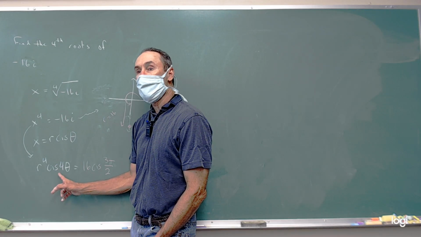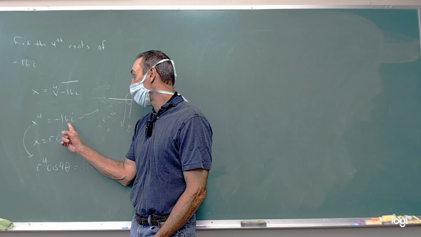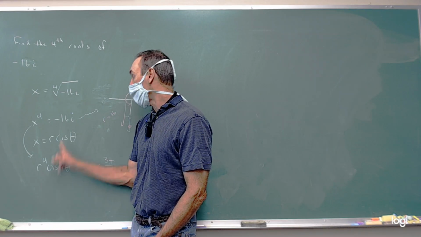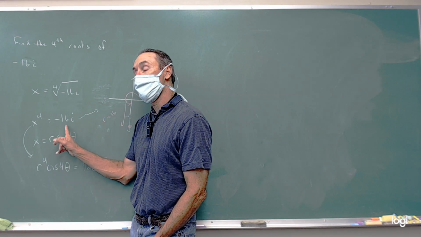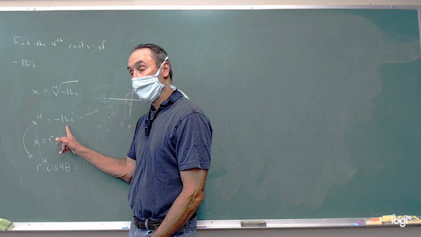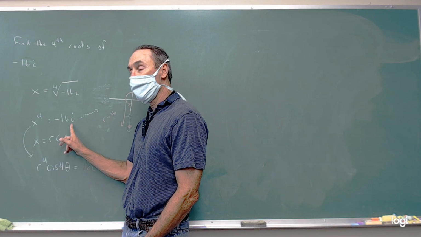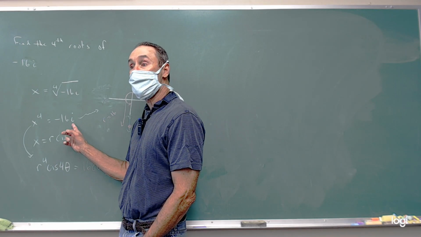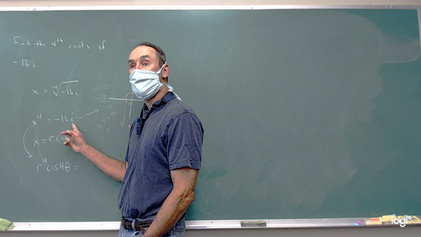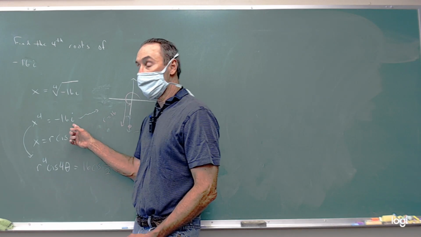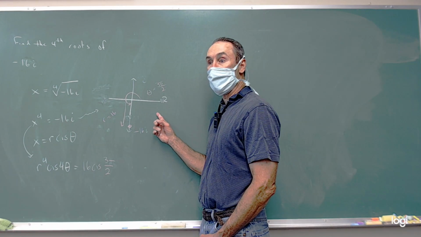The part that really stumps people most of the time is that this part is now in polar form, but the negative 16i is still in rectangular form. So we have to write negative 16i in that cis form as r cis theta. I like to draw an Argand diagram to do that.